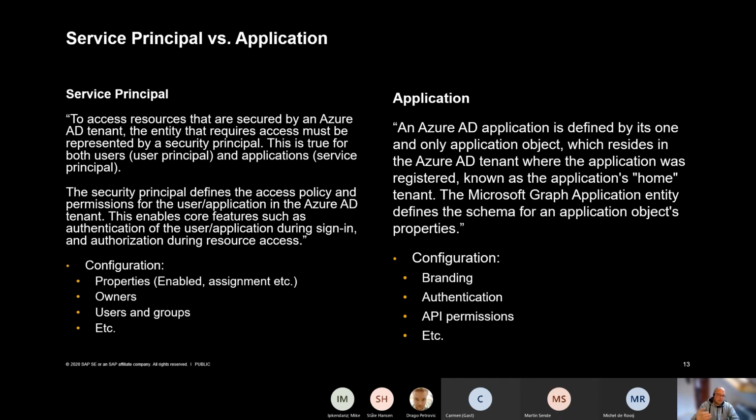When you create an application in your tenant, a service principal is also created, and both are visible in your tenant. If it's a multi-tenant application, you will see only the service principal, and only when at least one user has granted consent to this application.